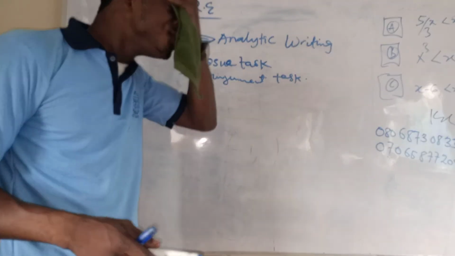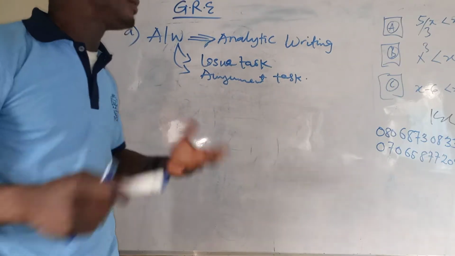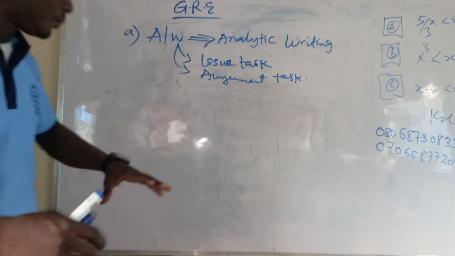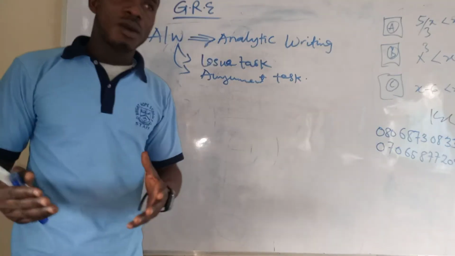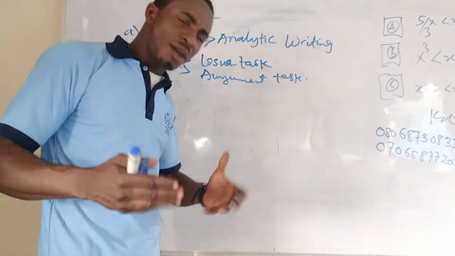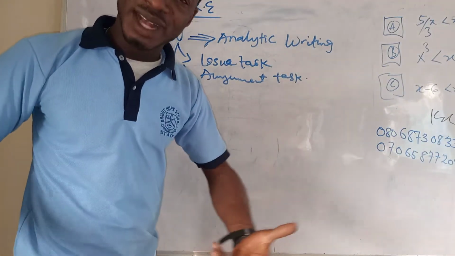The argument task is written basically on the theory or assumption of people. People have come to present a theory, an assumption that works on a particular fact.